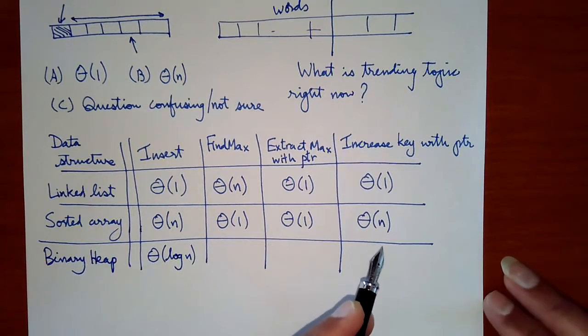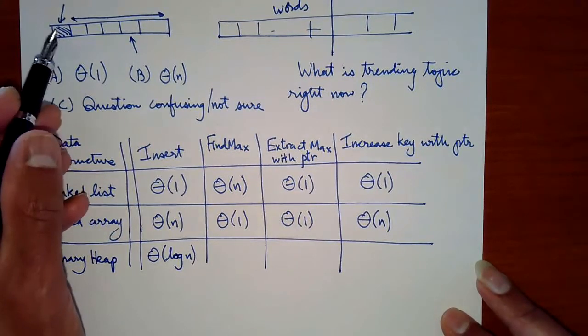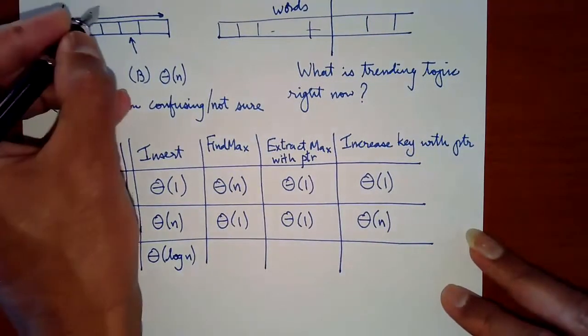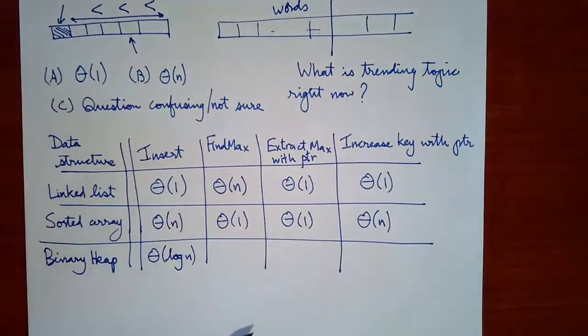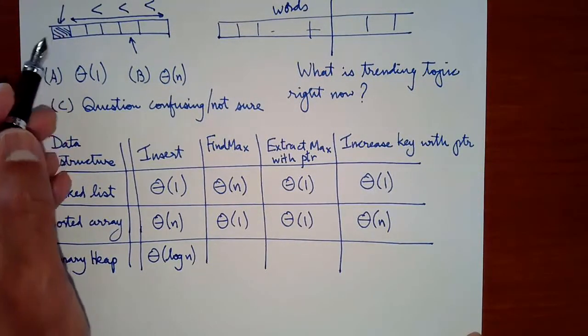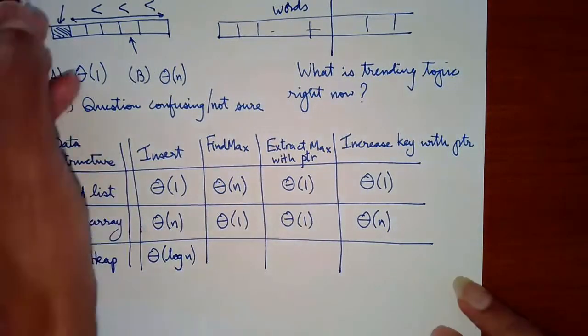To increase the key in a sorted array, right? So let's just say you have a sorted array and you want to increase the value of the 0th element. And let's just say this is sorted in increasing order. So if you increase this element, you have to maintain the fact that it is sorted. Okay, so let's give an example.